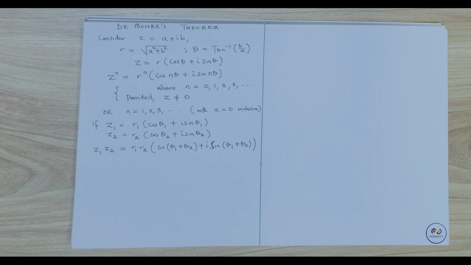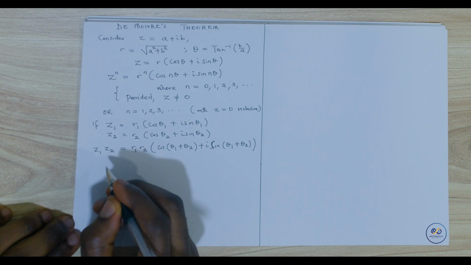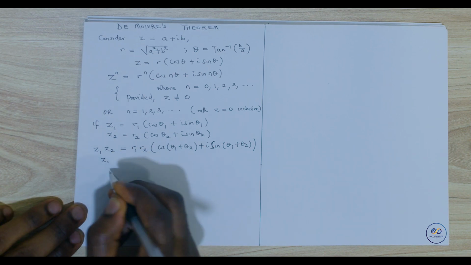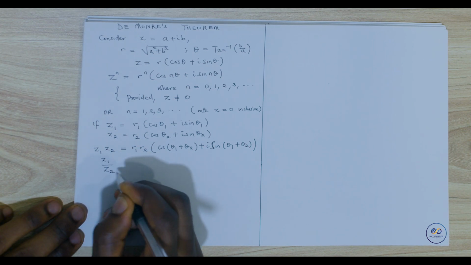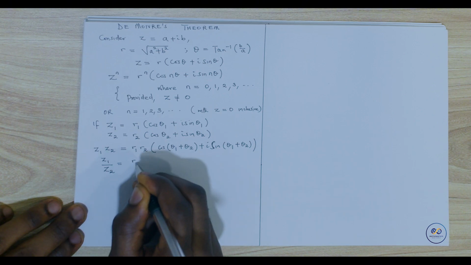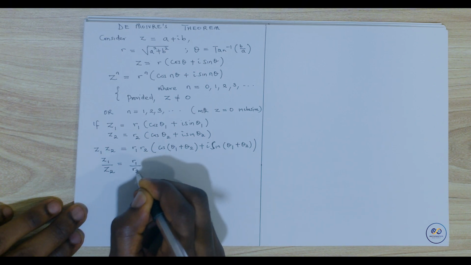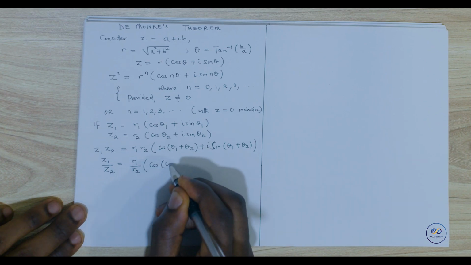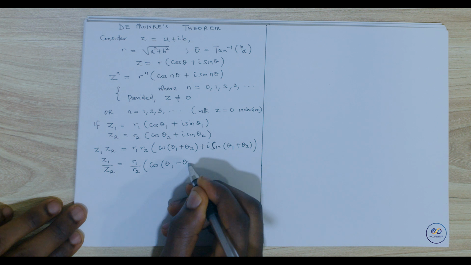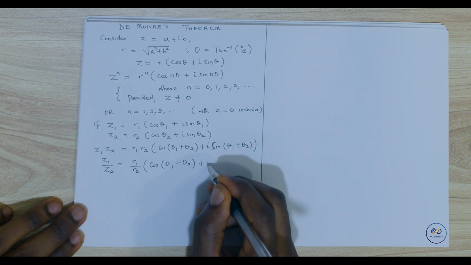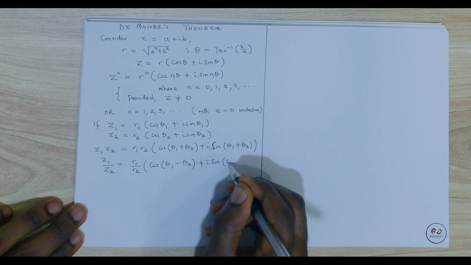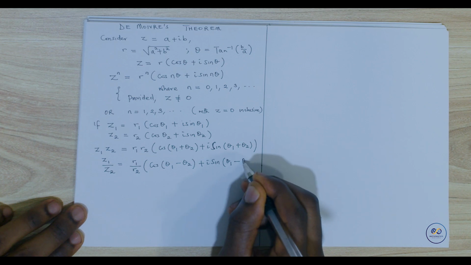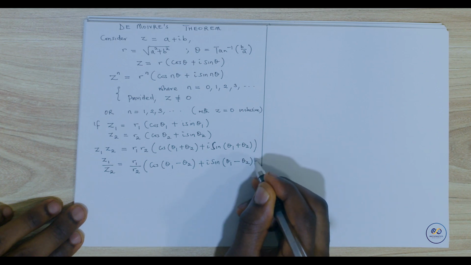This tells us the multiplication of complex numbers. Similarly, we can also talk about the division of complex numbers, which says we will simply divide the respective moduli and then cos of theta 1 minus theta 2 plus i sine of theta 1 minus theta 2.